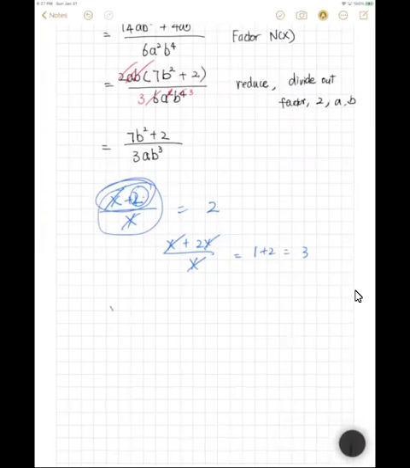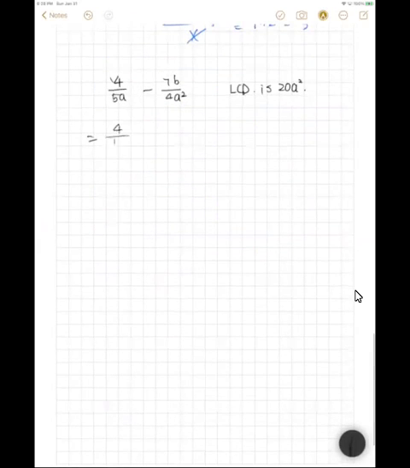Okay, so what's next? Let's have another example where they don't have a common denominator. Now we have a 5a and 4a squared. We need to find the least common denominator, which is 20a squared. So we want to build up fractions that meet that 20a squared. So I have a times 4a, minus 7b over a squared times 5.